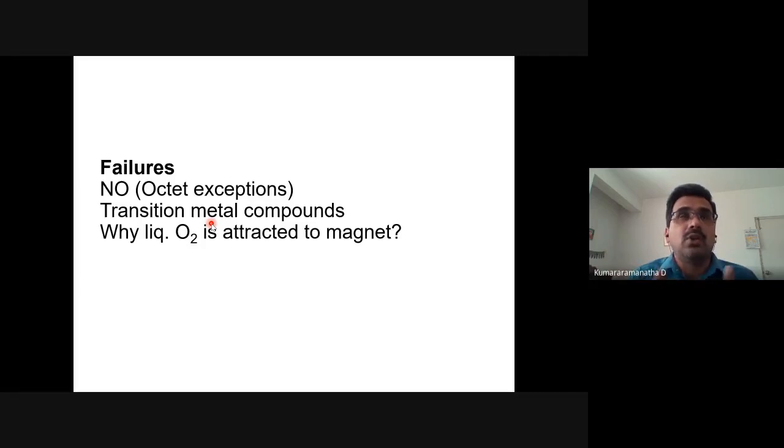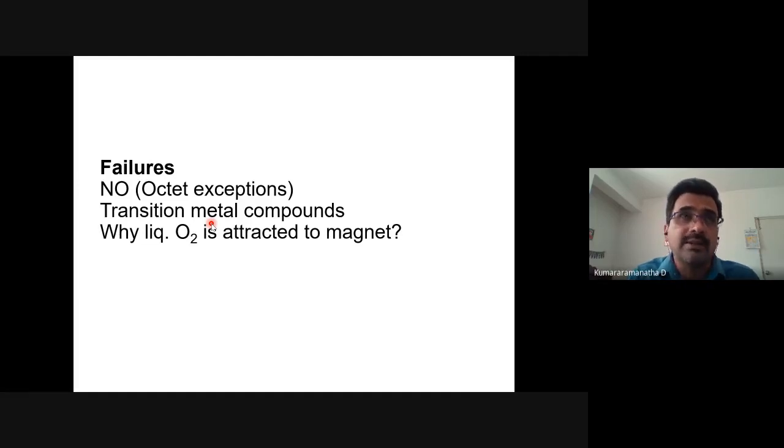What made it to look for even that VSEPR theory at the same time, valence bond, all those things, even though, as some of you pointed out, that octet rule is not really followed for electron deficient compounds, like boron based or like nitric oxide. Octet exceptions were there. And also the bonding theories, whatever Lewis and things were developed, were not really applicable for transition metal complexes.